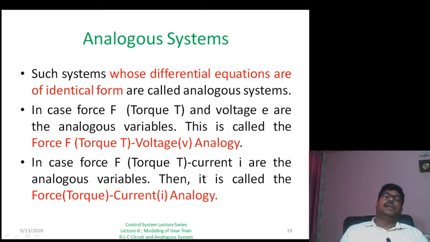So in the analogy we can have very simple measurements, and that analogous expression can be easily analyzed, and based upon the analysis results we can have a design expression, and if that design is found okay, then we can move towards the prototype model. So many times prototype modeling is not required with the help of the mathematical expression.